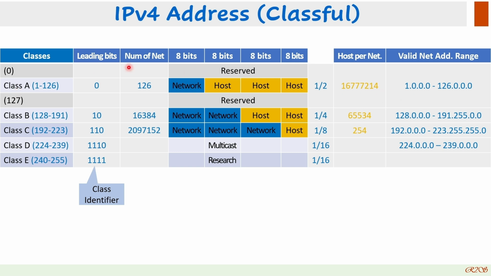Okay, and then class B has 2 bytes for the network address and 2 bytes for the host address.